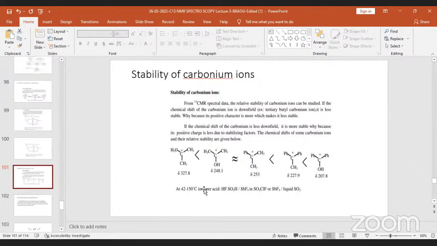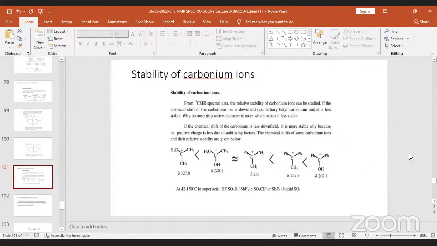You see here in all these cases, which one has more electron deficiency? This one, tertiary butyl carbocation. Which one has less electron deficiency, less carbocation character? In this case, because of the contribution of non-bonding electrons on the oxygen, the positive character on the carbon decreases.